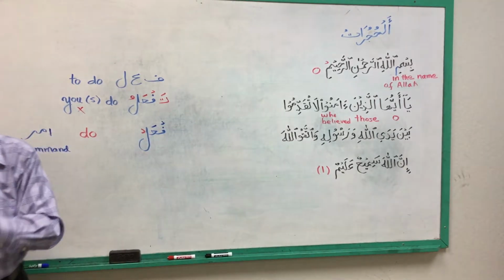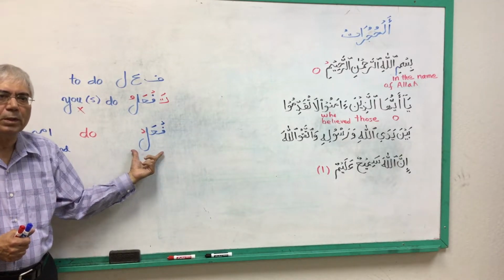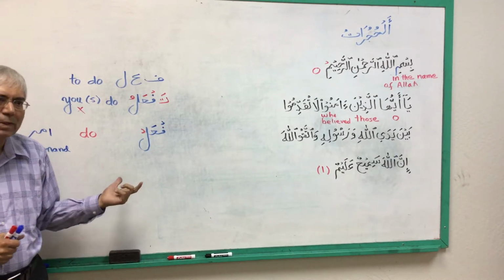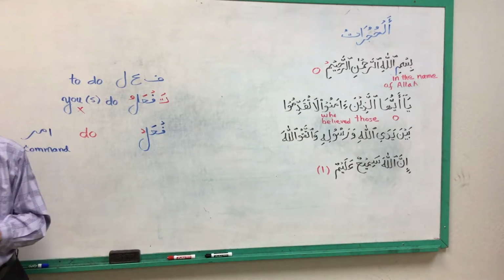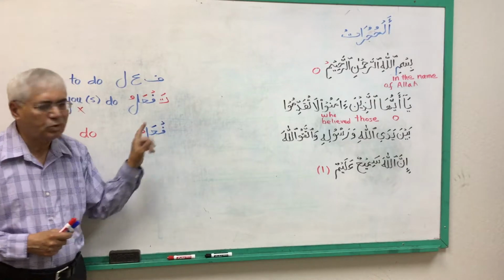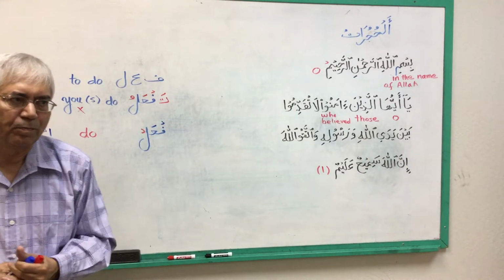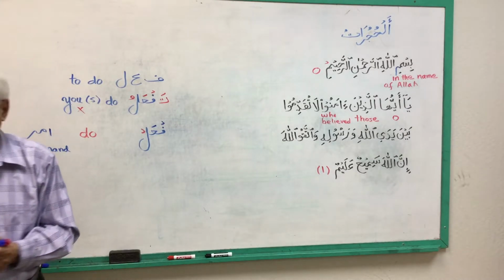If I'm telling you to do something, I will use this word. But the problem is that you cannot pronounce this one. If the first letter has a jazm on it, you cannot pronounce that word. Okay?